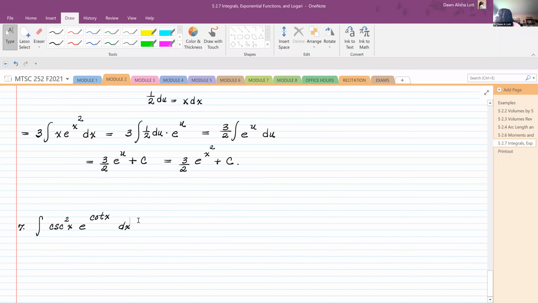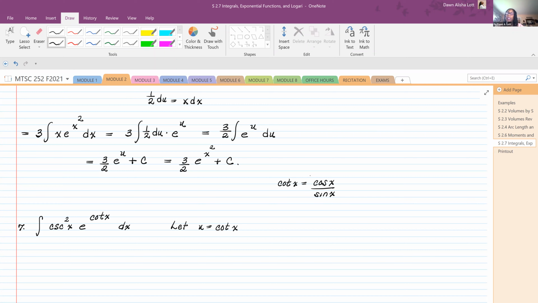Okay, that is the cotangent. Yes, it would be. So let u equal cotangent of x. If you don't remember, the cotangent of x by definition is the cosine of x over the sine of x. That's its definition, from trig. Okay, so u is the cotangent.